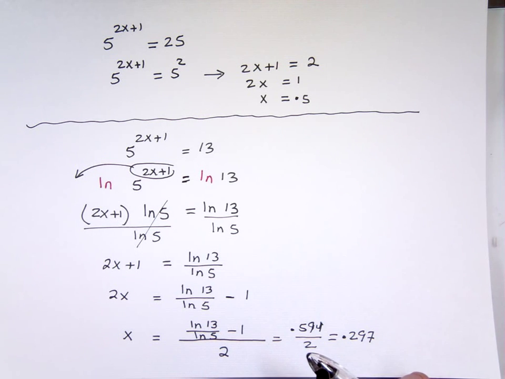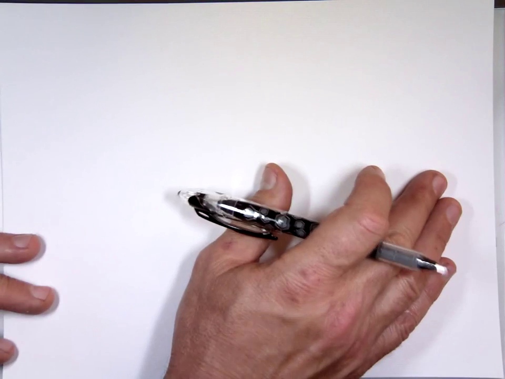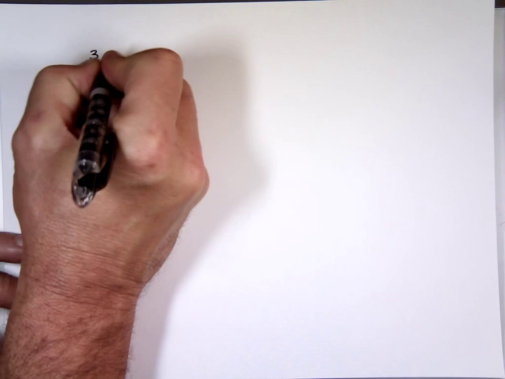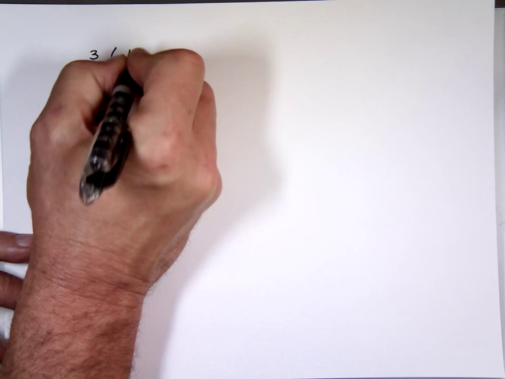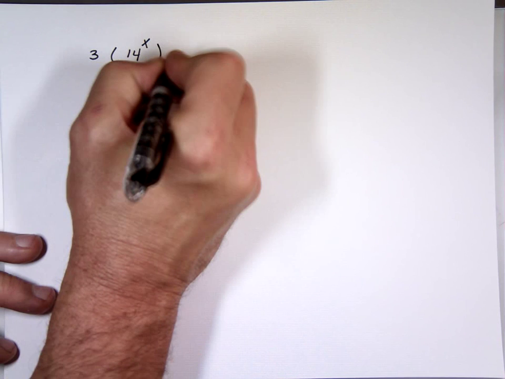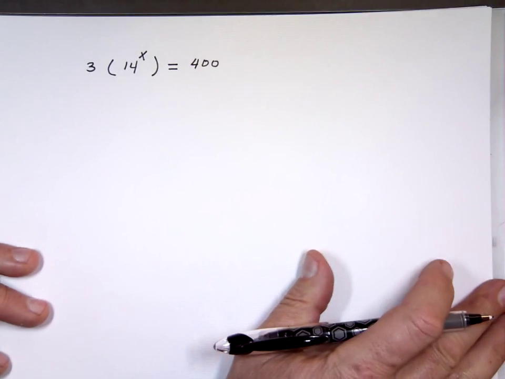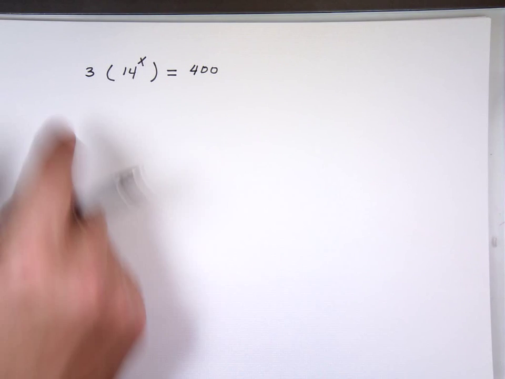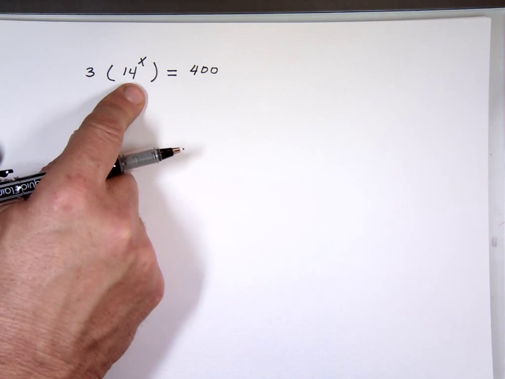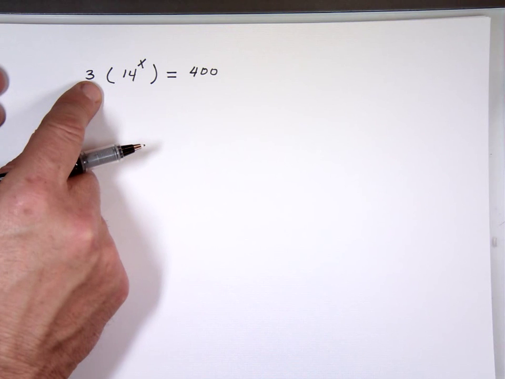I'll try another one in case that's still not sinking in. 3 times 14 to the x equals 400. Now, you never want to have 3 times that. Because if you take the log of this side, what are you going to have? That's a multiplication.